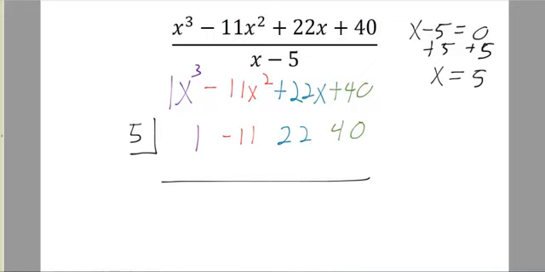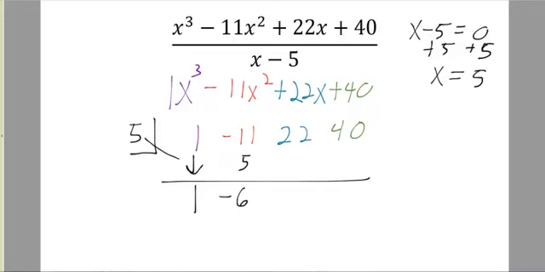And so we set it up. We're going to pull this down, which will become a 1. And what we'll do is 5 times 1, and then put that right there, which will be 5. And then we add these together. So we are adding negative 11 to 5, which will give me negative 6.